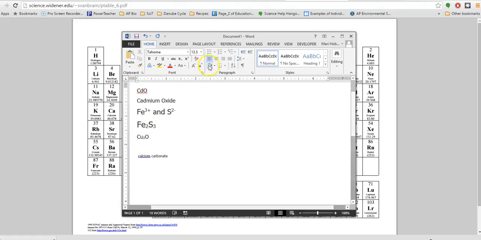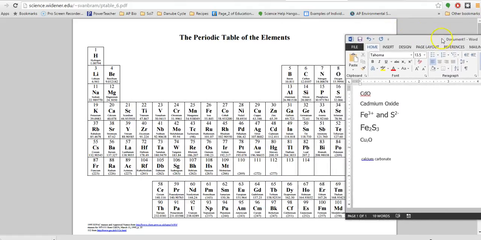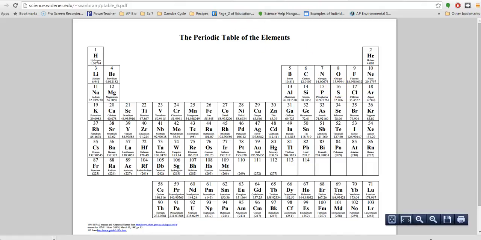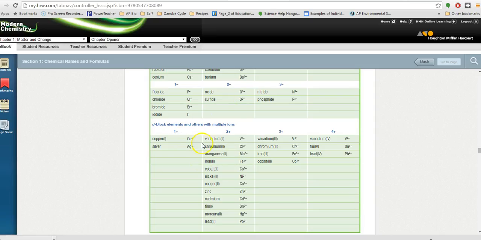Okay, now naming ones. Again, this one is a little tricky, Cu2O, because that's where some of the transition metals, if you look at this bottom part of the table, you'll notice there's copper 1 that has a charge of plus, and there's copper 2 right here that has a charge of 2+. So copper and some of these other metals have 2 ions.